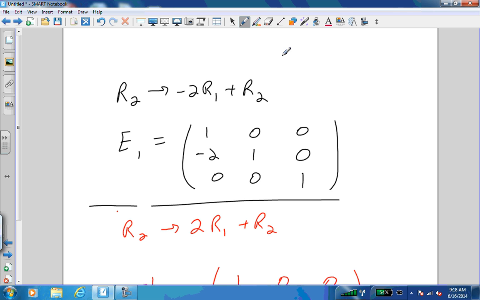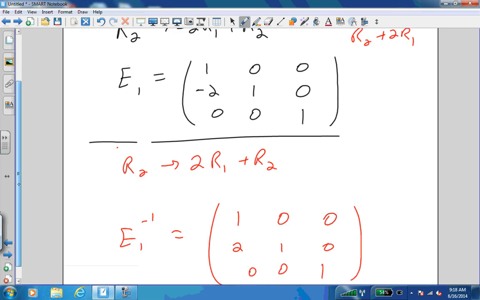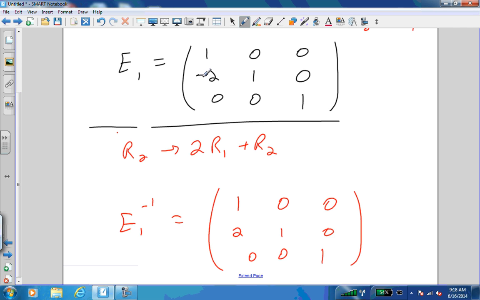And here, instead of subtracting twice row 1, we would add twice row 1, and that would be the inverse operation.